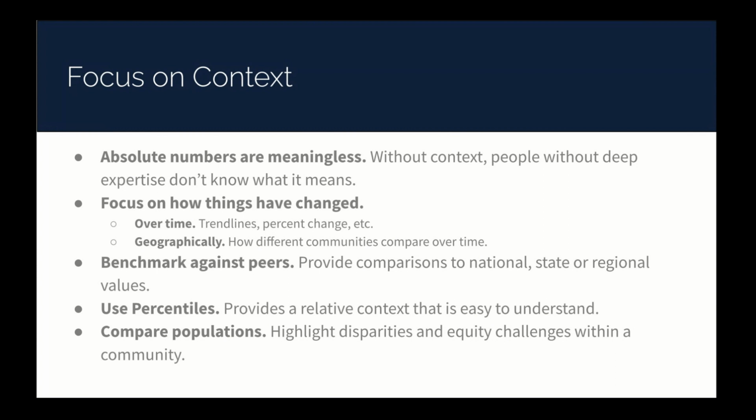Another good way to think about analysis is benchmarking against peers and providing comparisons to national, state, or regional values. There's more work that goes into this because you have to come up with apples to apples comparison values for national, state, or regional.